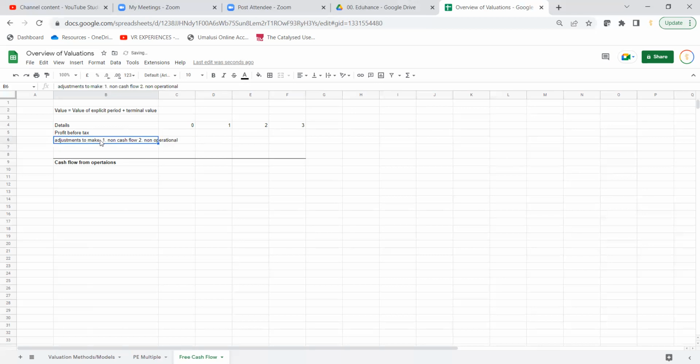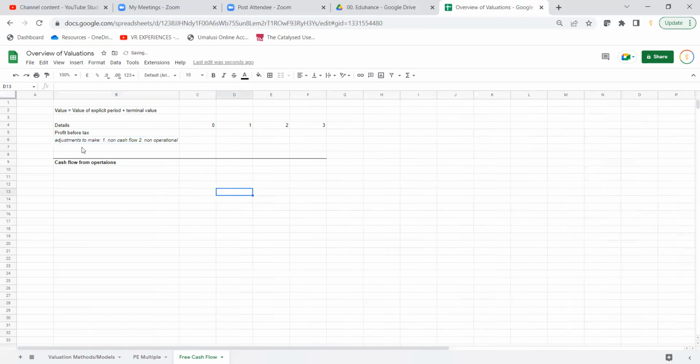So the question you want to ask yourself is the following: in profit before tax, which items are non-cash flow, and which items are non-operational?